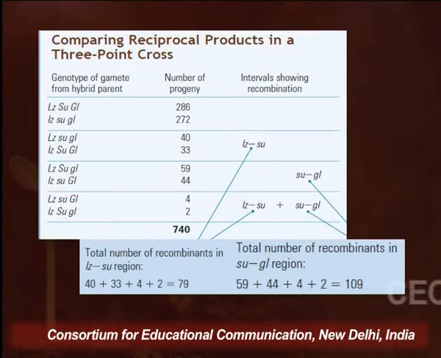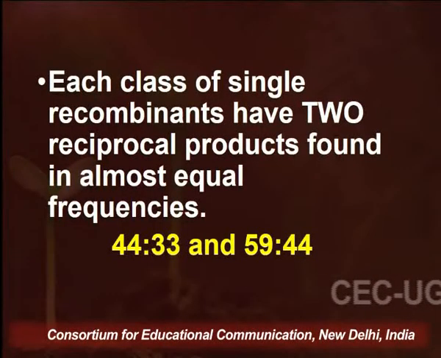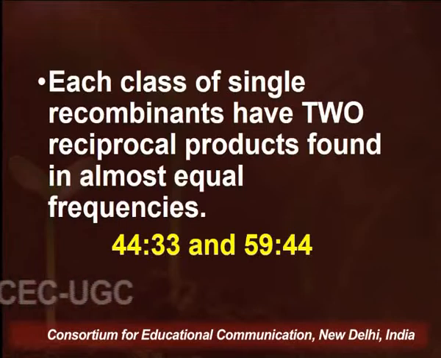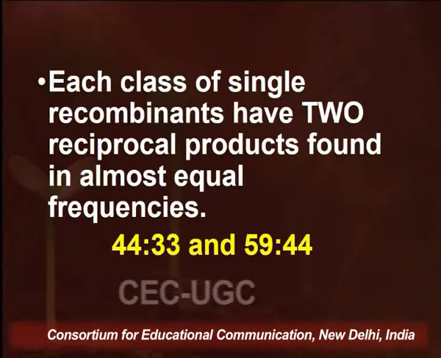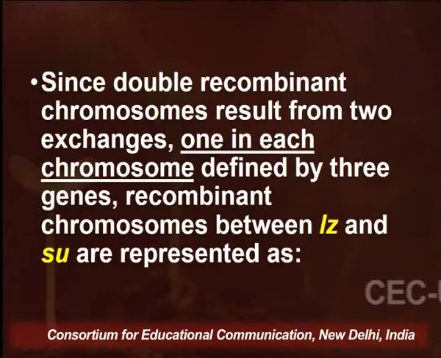On the other hand, the total number of recombinants in the SU, GL region, because we are now interested in finding out the distance, we have known the order, would be 59 plus 44 plus 4 plus 2, which is 109. As I said earlier, the 2 reciprocal products are nearly in equal frequency: 44 is to 33 and 59 is to 44.